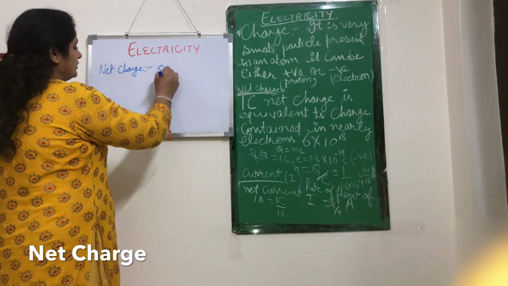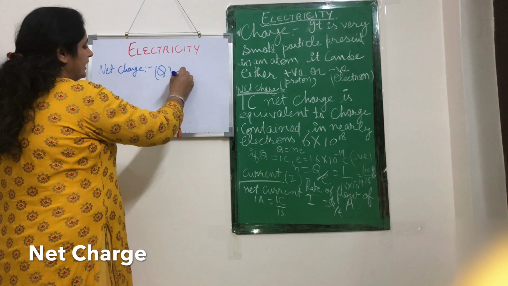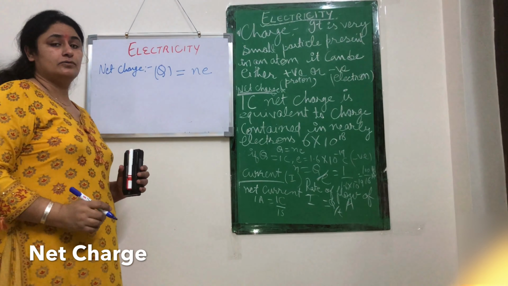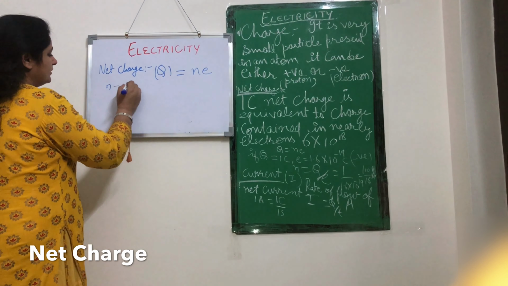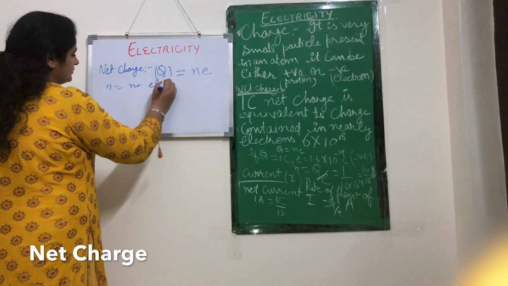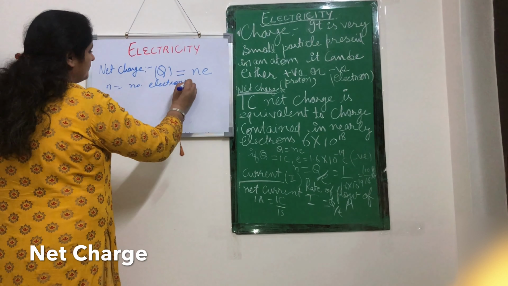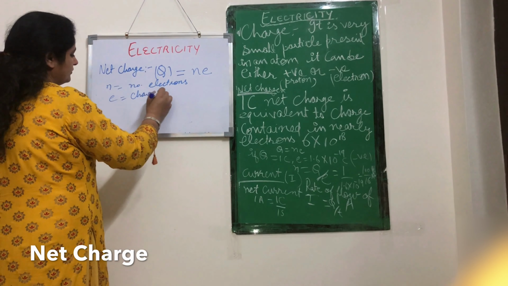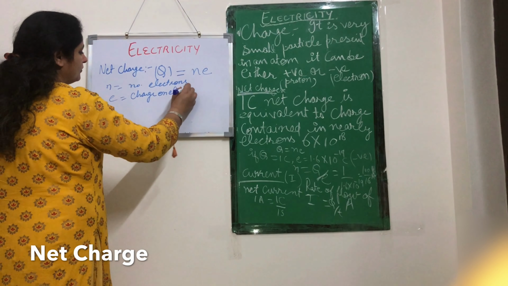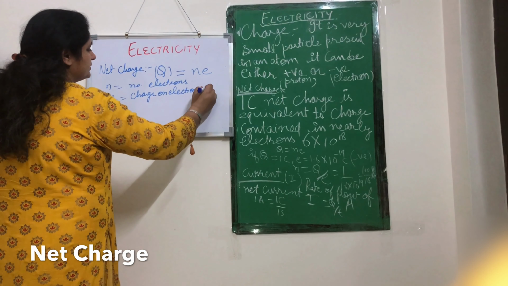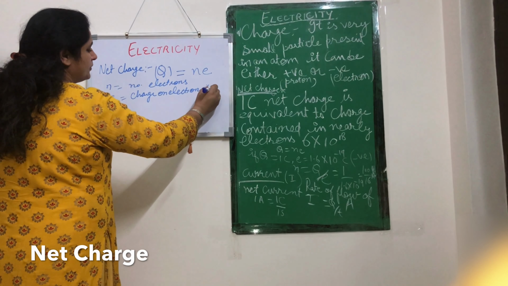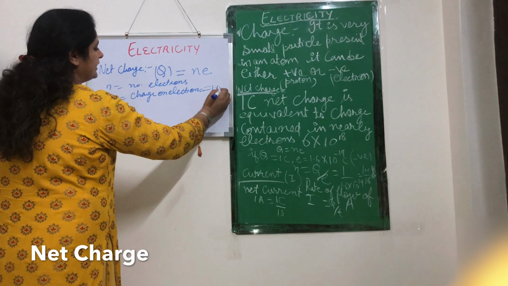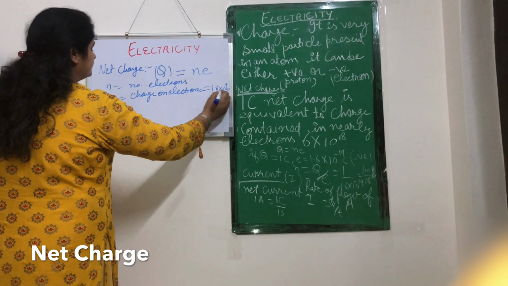Net charge is denoted by capital Q and is equal to Ne, where N is the number of electrons and e is the charge on electron, and its value is 1.6 into 10 raised to power minus 19 coulombs.